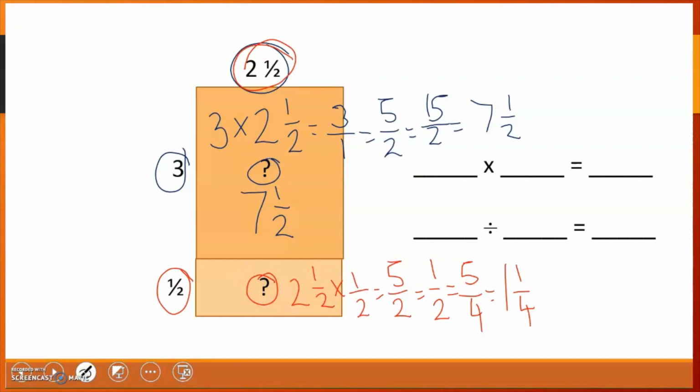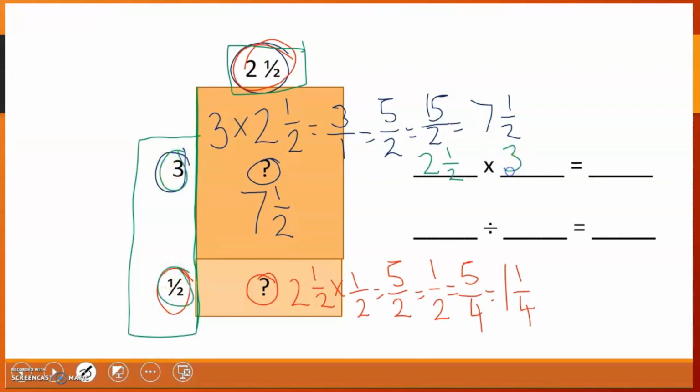Now we're going to take that information to solve the multiplication and division problem to the right. I need to figure out what I multiplied. Well, it clearly tells me that one side is 2.5. What does the other side equal? Oh, 3 plus 1/2.